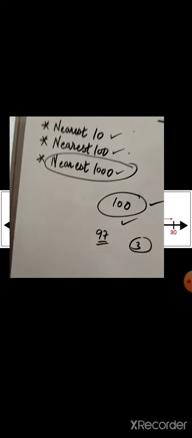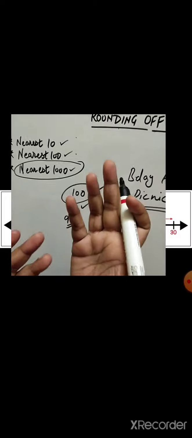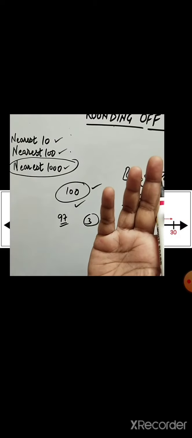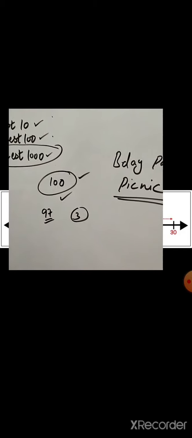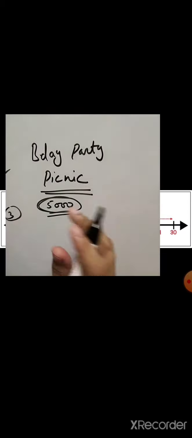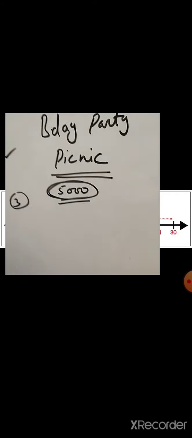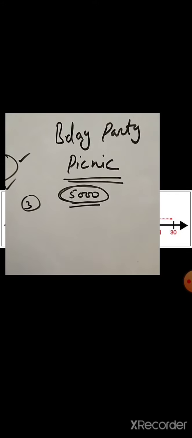It is possible that the expenditure will be near about 4,750 rupees 25 paisa, or that it goes to 5,120 rupees. But you take an estimated rounded figure of 5,000. So these are examples of rounding off which we do every day in our life without knowing that we are doing the round off.